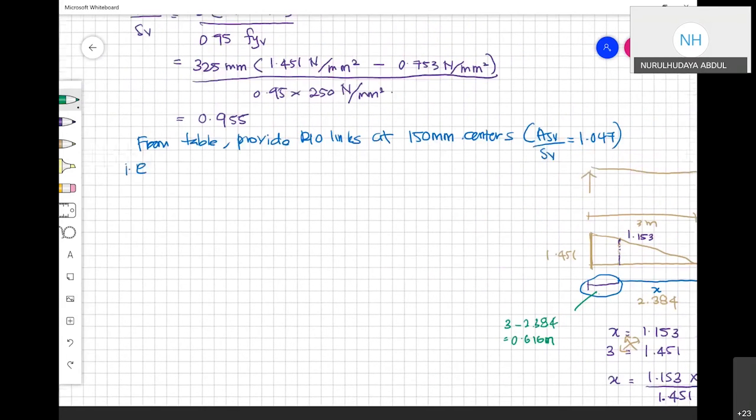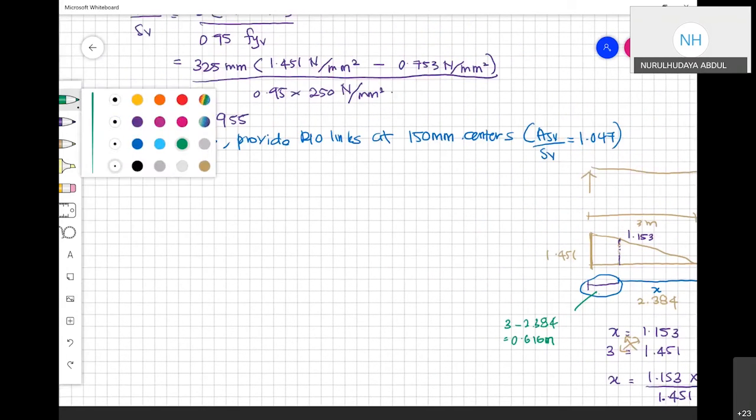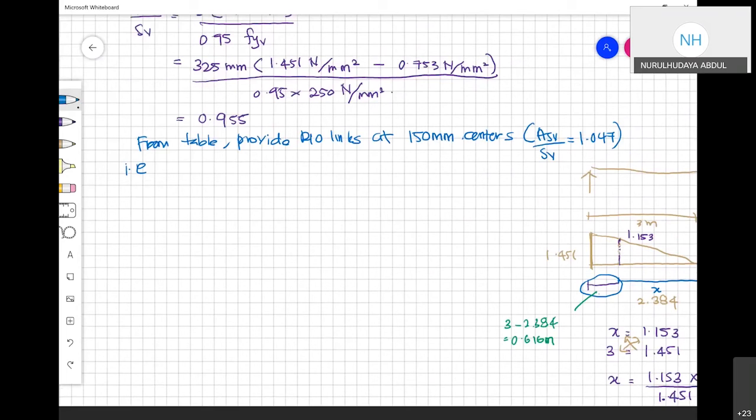Jadi kita boleh tulis, 0.616 meter from both support either side of midspan of beam.